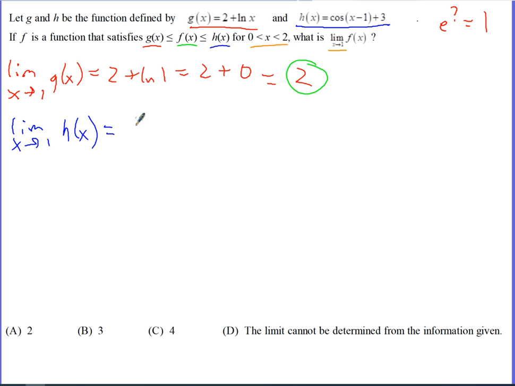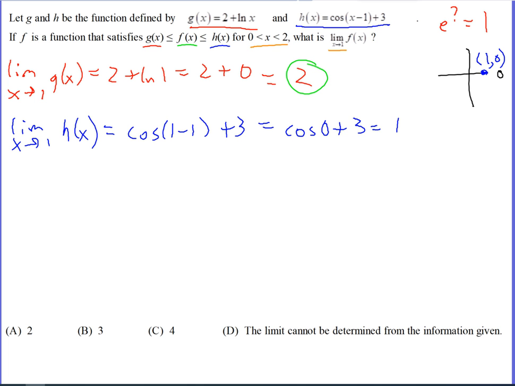So for this one, again, substitute 1, and get cosine of 0 plus 3. Well, cosine of 0, 0 is right here underneath the circle, and cosine is the x-coordinate, so that's 1 plus 3 gives you 4.